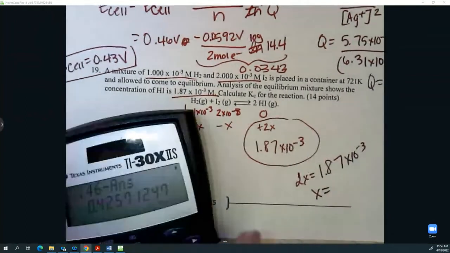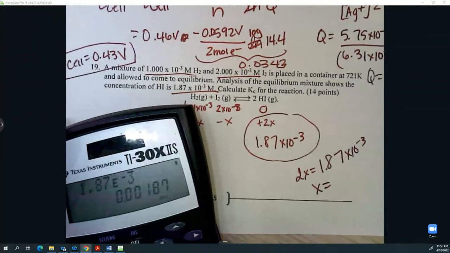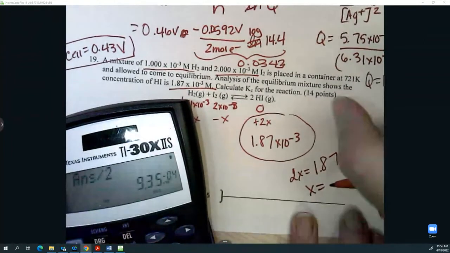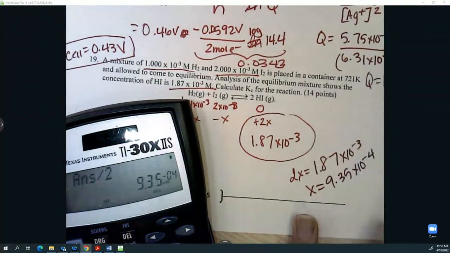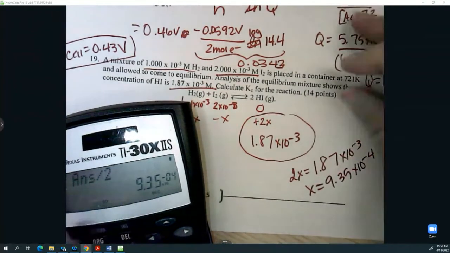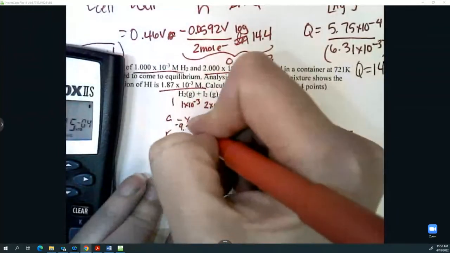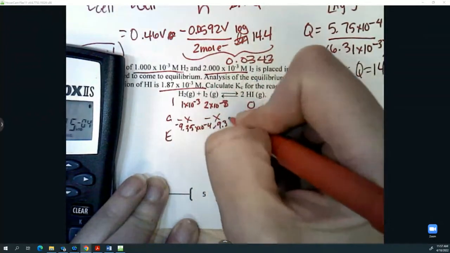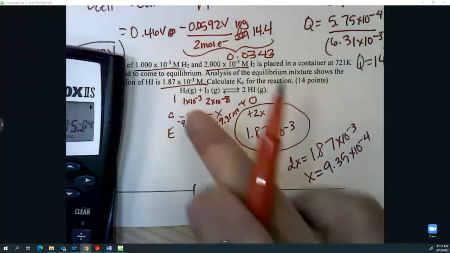So I can divide that by 2 to get my x. Oops, I didn't actually do it though. So that's the number 9.35 times 10 to the minus 4 that I need to subtract here and here. I didn't write this very big, but you get the idea hopefully.